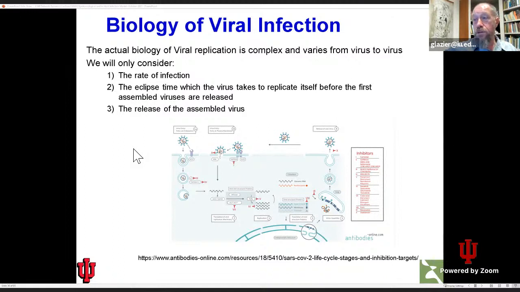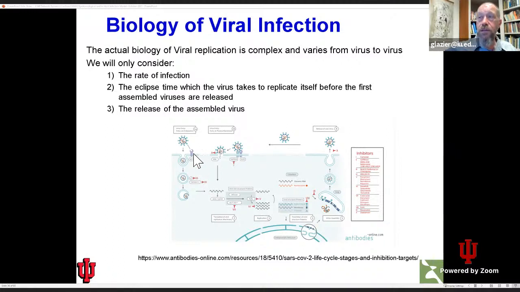This was a famous poster that was produced by a company, antibodiesonline.com, and it was talking about possible ways of attacking the COVID, SARS-CoV-2 virus, during different phases of its life cycle. First, to get into a cell to reproduce, the virus has to get into the cell. And there are different ways that it could do that.